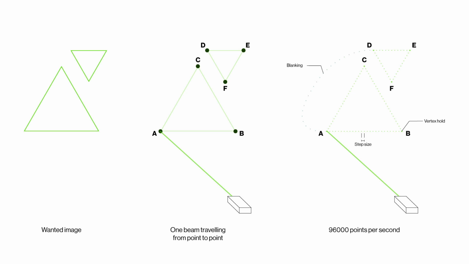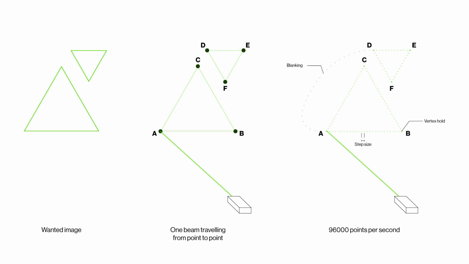You can't stay in these edges for too long though, so that's also something you need to find out. I guess every laser is a bit different as well. So step size and vertex hold are there to describe how the laser draws the shape.